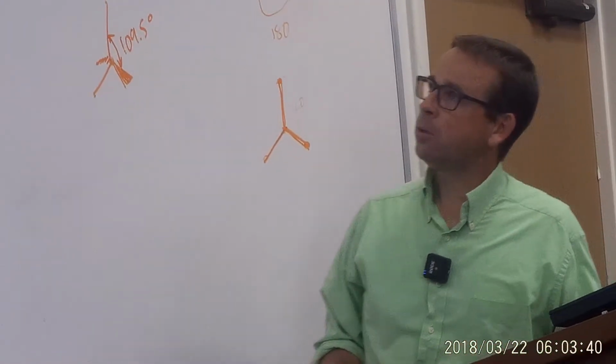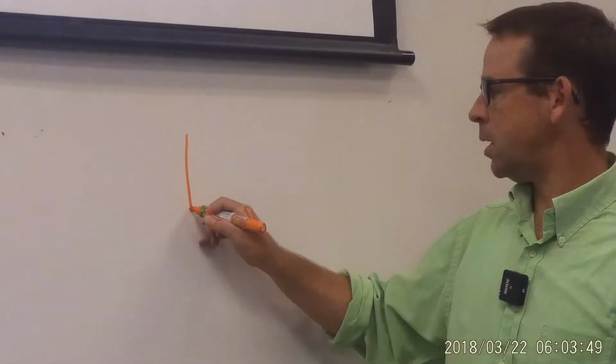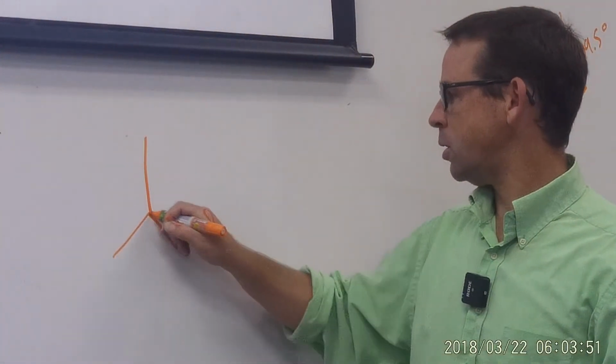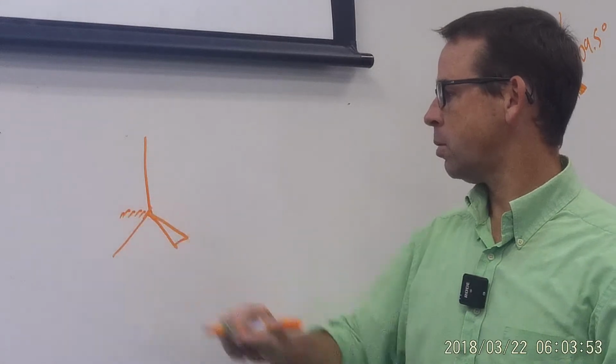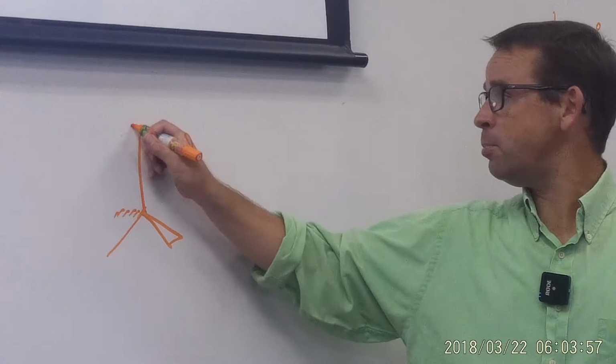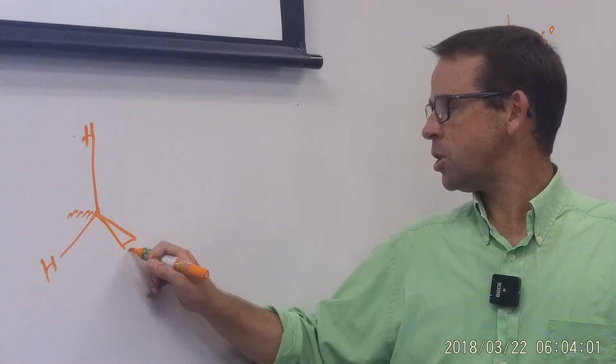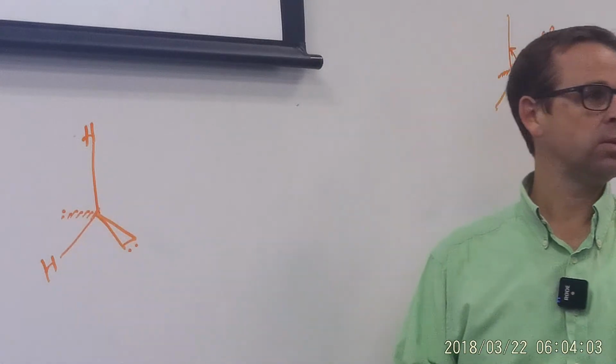So water, the 4 regions of electron density mean that those 4 regions arrange themselves in, again, the tetrahedral shape, right? But because only 2 of those regions are actually bonding, there's 1 hydrogen, there's 1 hydrogen. These are just extra lone pairs, right?